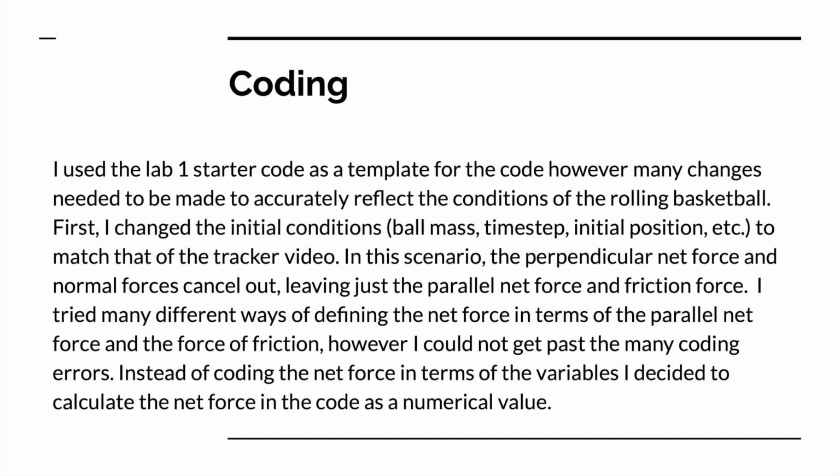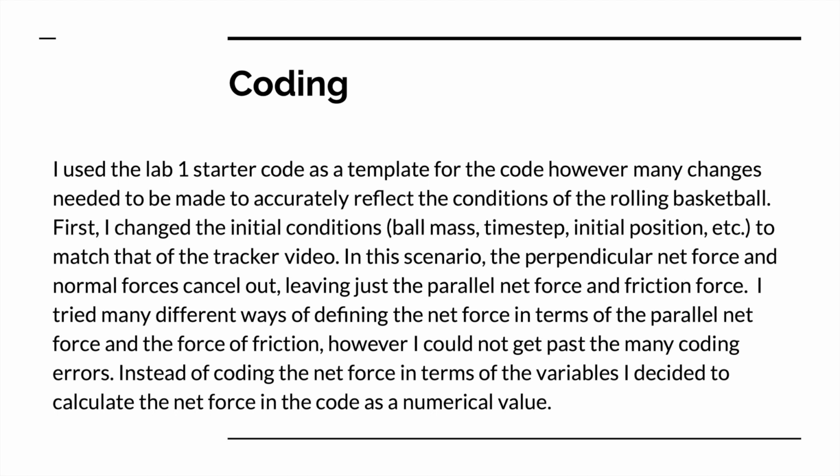Coding. I used the Lab 1 starter code as the template for the code. However, I needed to make many changes to accurately reflect the conditions of the rolling basketball. First, I changed the initial conditions, such as the mass, time step, initial position, etc., to match that of the tracker video. In this scenario, the perpendicular net force and the normal forces cancel out, as they're equal to each other, leaving just the parallel net force and friction force.